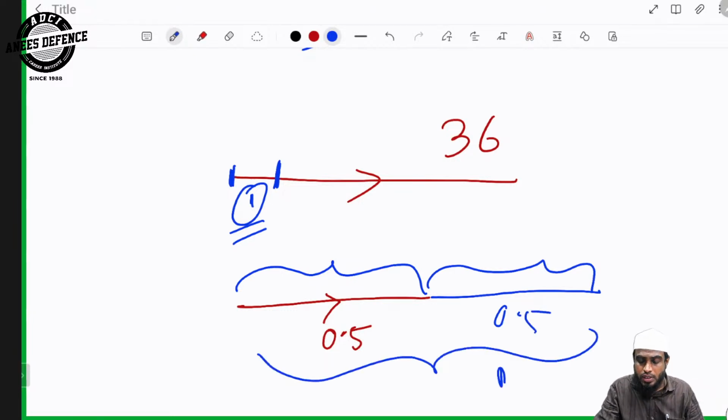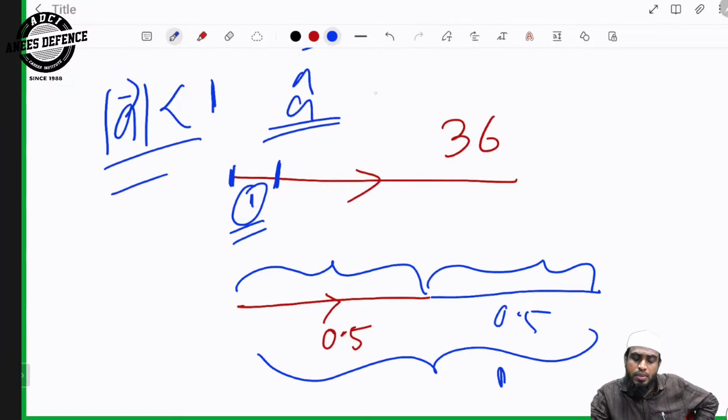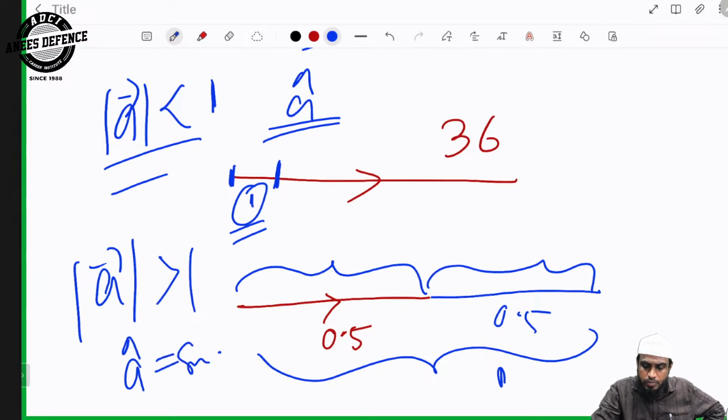So you can say that if the vector magnitude is less than unity, the unit vector will be bigger in size. If the vector magnitude is greater than 1, then the unit vector will be smaller. That is the best example.